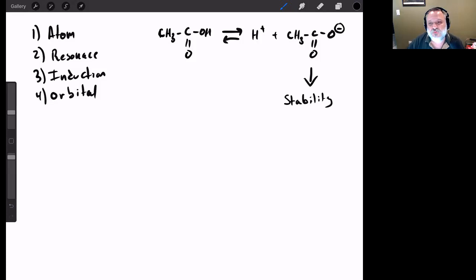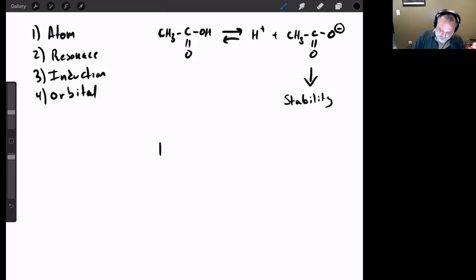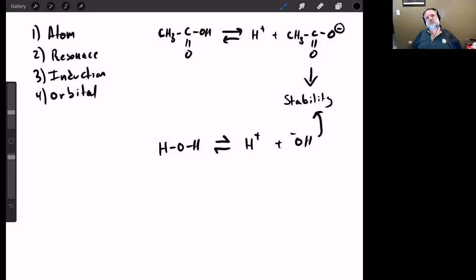And if we have two different conjugate bases for two different acids, we can compare the relative stabilities of these two species, and ask which is the stronger acid.